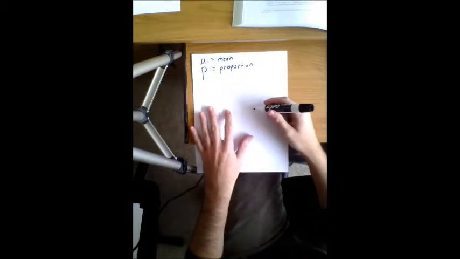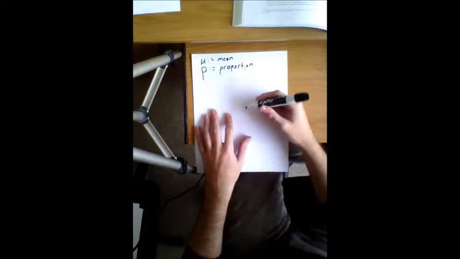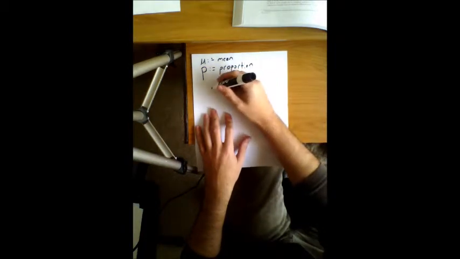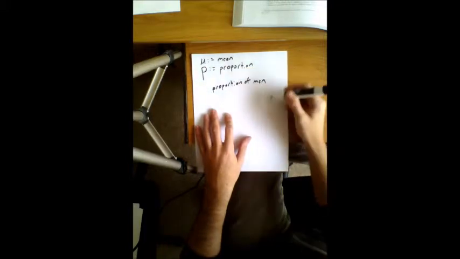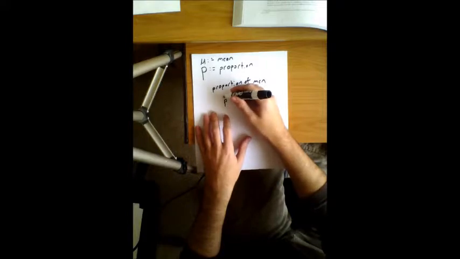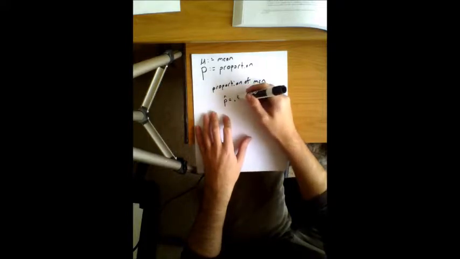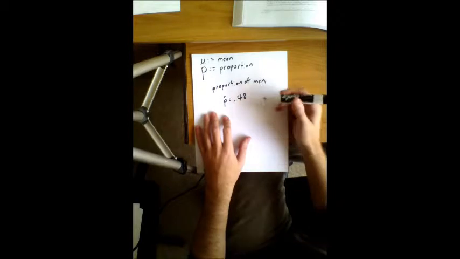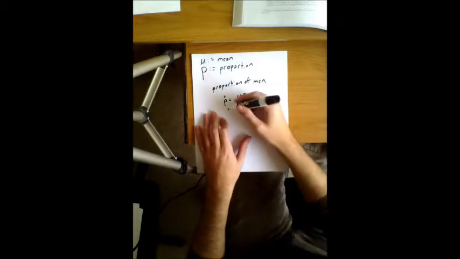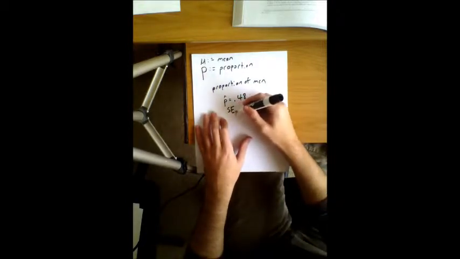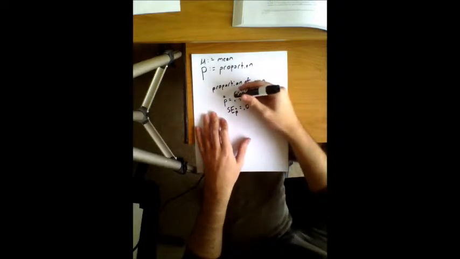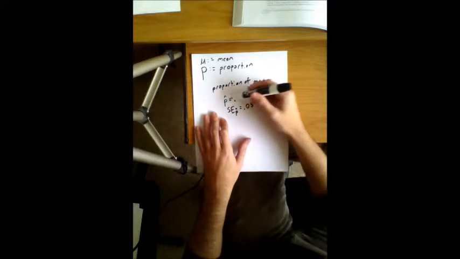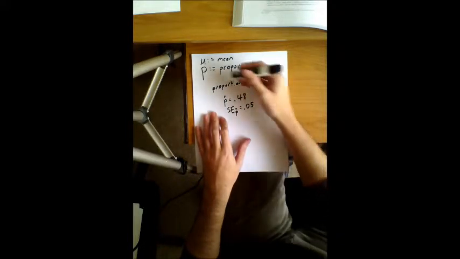And so we're told that the proportion of men in our race, we found that to be 0.48, or 48% of them were men. And we had a standard error of 0.05. Don't worry too much about these carets on top of the p. This just means the point estimate for this.